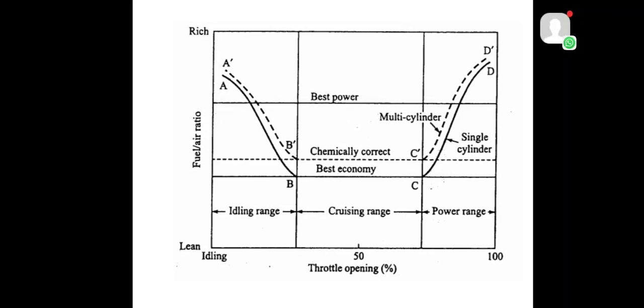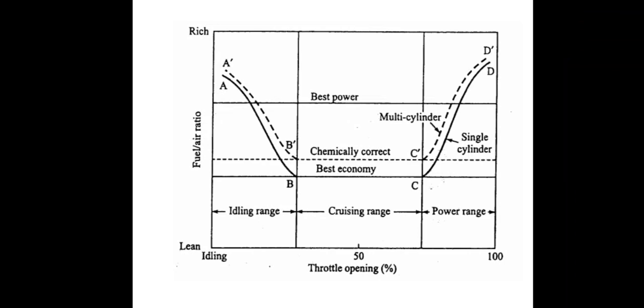much less than those during full throttle operation due to the restrictions imposed by the throttle. The result is a much larger proportion of exhaust gas being mixed with the fresh charge under idling conditions, causing dilution of the fresh charge.